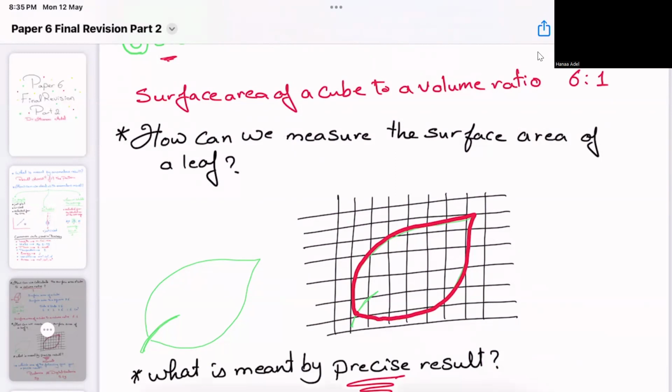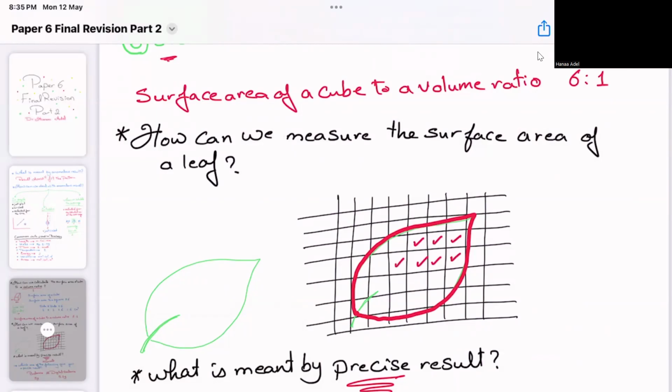And then start to count the fully covered squares by the leaf, and then we remove the leaf from the grid, and we have the outline of the leaf on the grid. Just tick on the fully covered squares of the leaf.